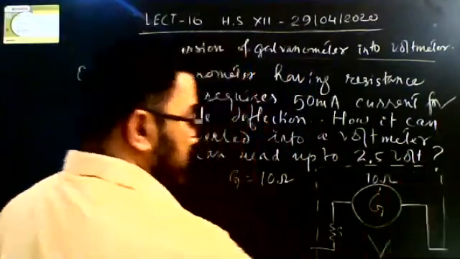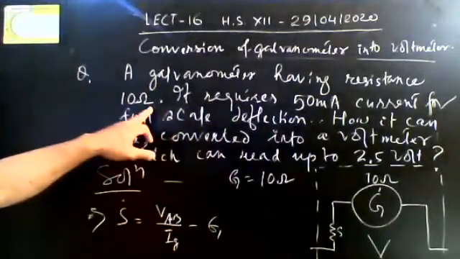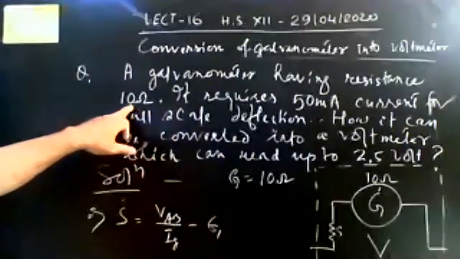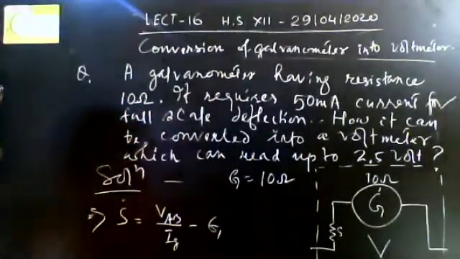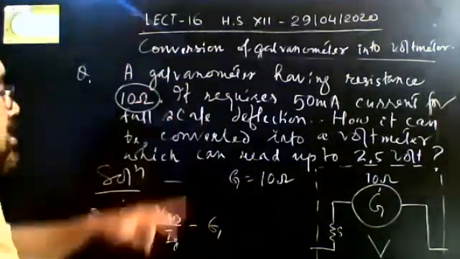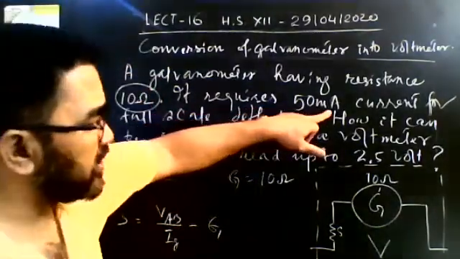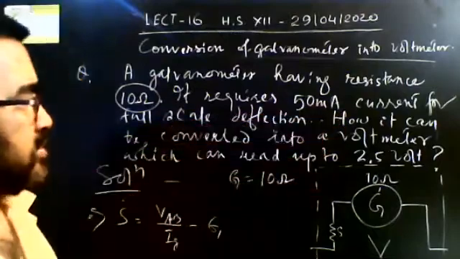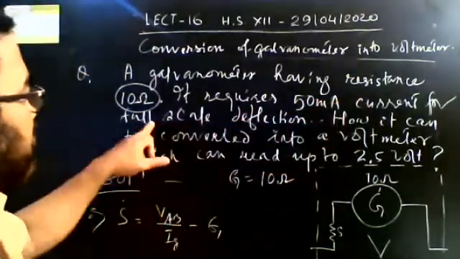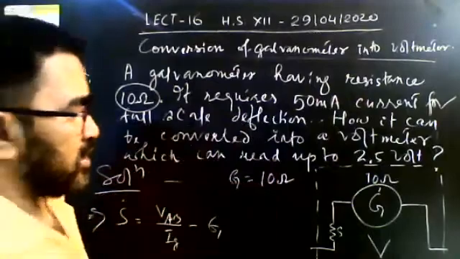This will become a voltmeter. According to the question, the galvanometer resistance is 10 ohm. It requires 50 milliampere current for full scale deflection.